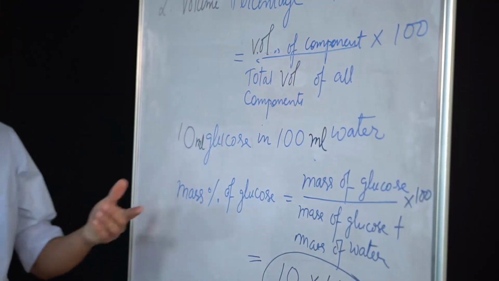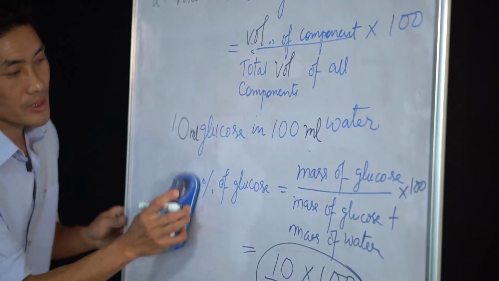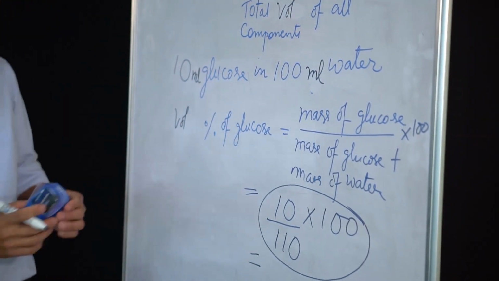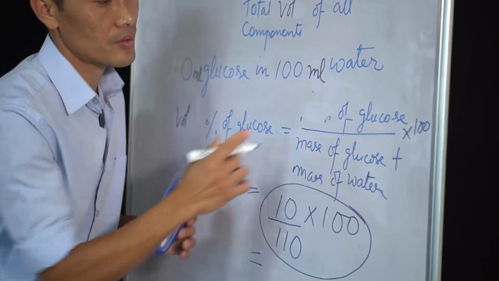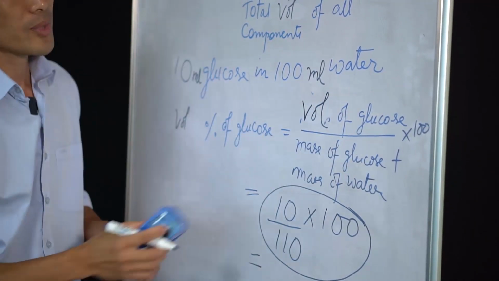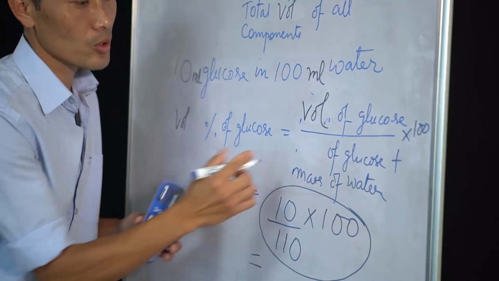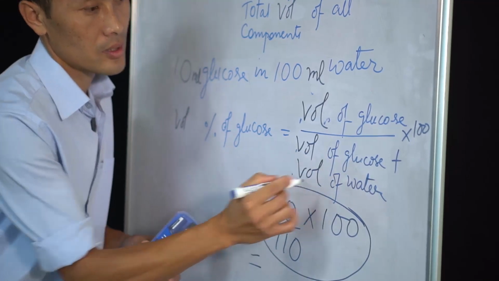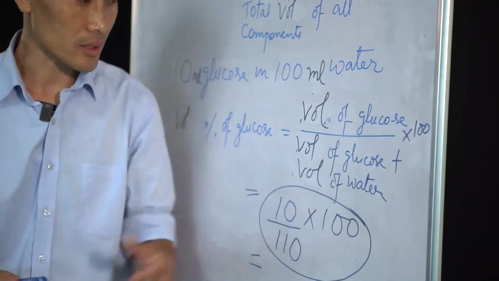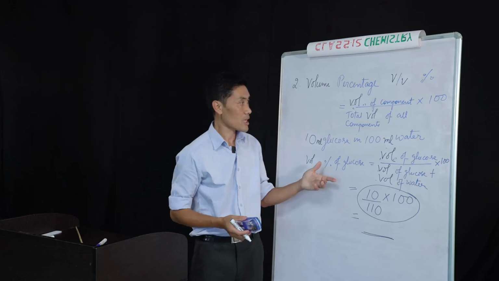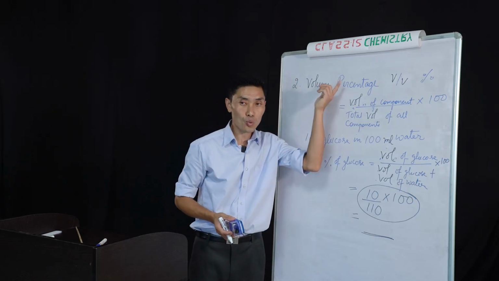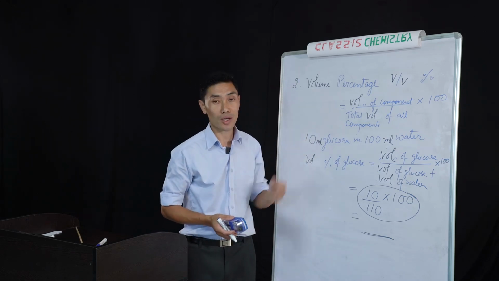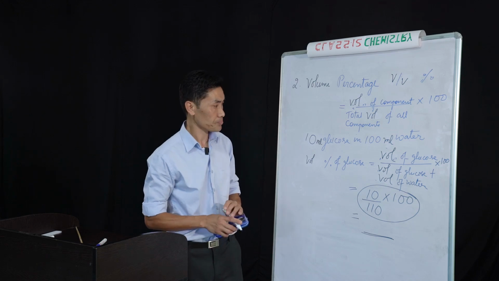The same calculation: volume percentage of glucose in the solution will be volume of glucose divided by total volume, that is volume of glucose plus volume of water, multiplied by 100. So basically it is the same. The only difference is that in the first one, mass percentage, we use mass of the components, whereas in the second one, we use volume of the components.